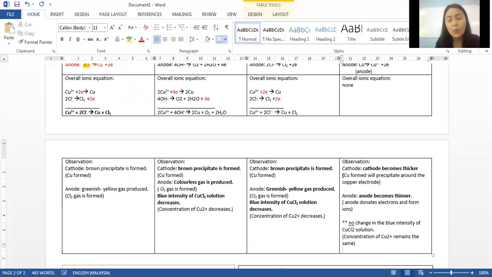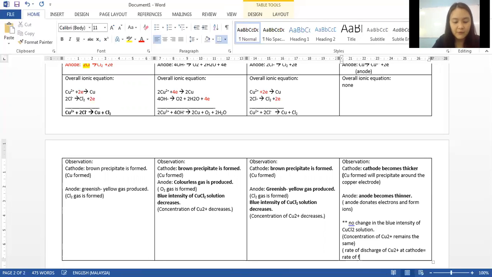And if we ask you why it remains the same, because the rate of discharge of Cu2+ at cathode is the same as the rate of formation of Cu2+ at anode. So with one hand you discharge it, with one hand you produce it back. So there's no changes in the concentration.